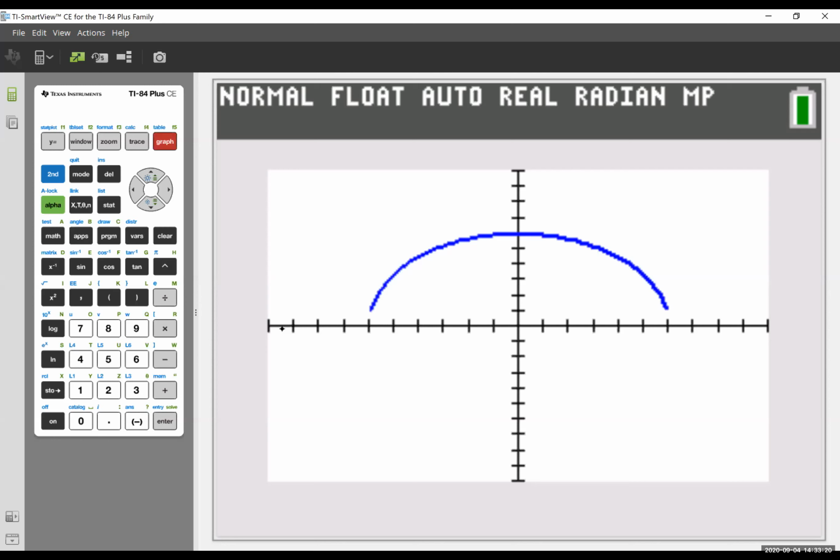However, it doesn't work the other way around. If you see this in the calculator, you can have an estimate of what your domain would be, but you can't be clear about where those boundary points actually start and stop. It might be really close to the number 6. So I always recommend you follow up.